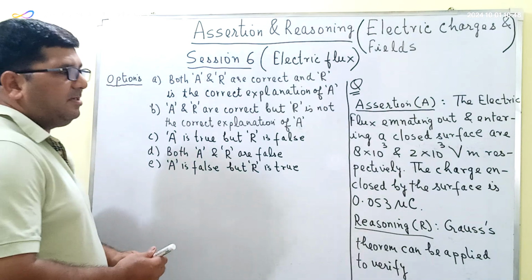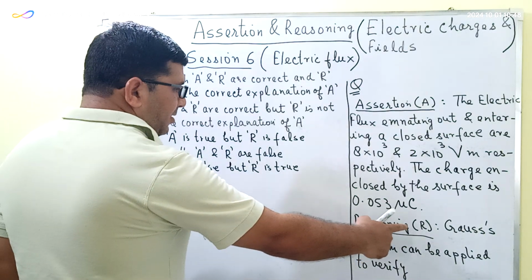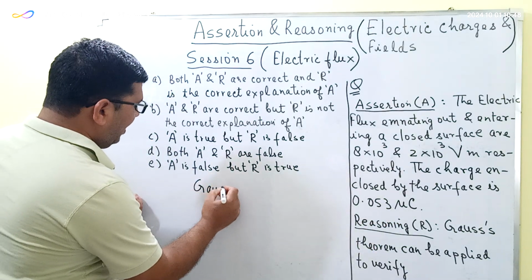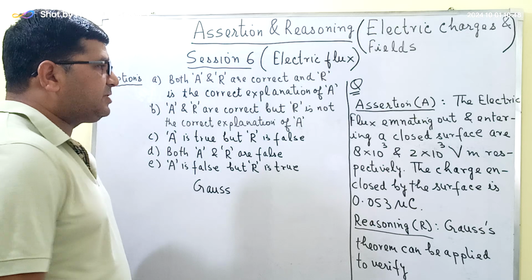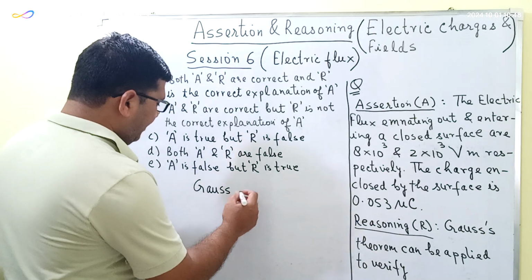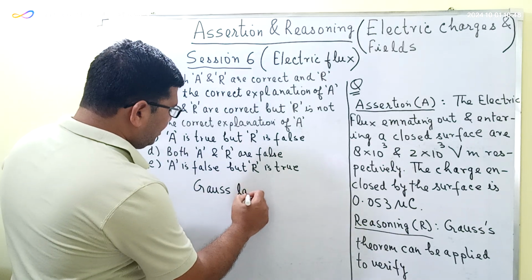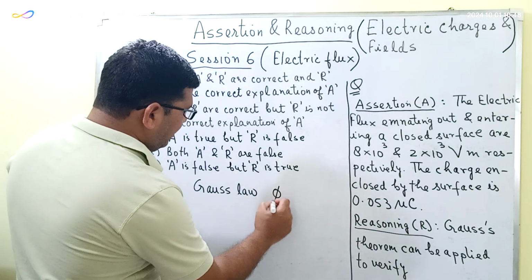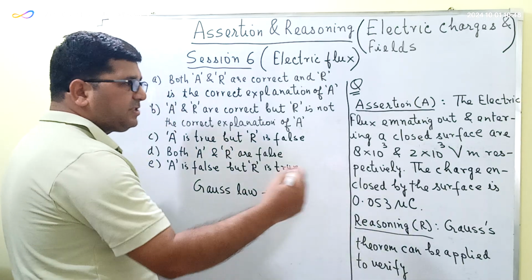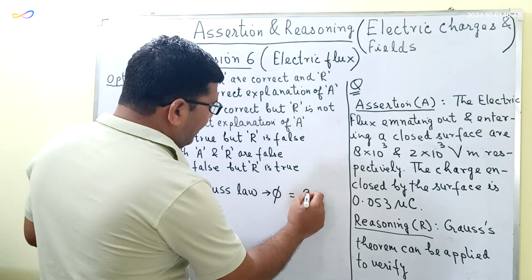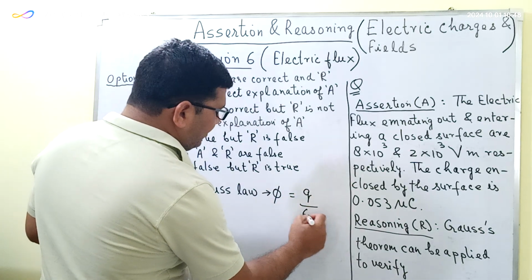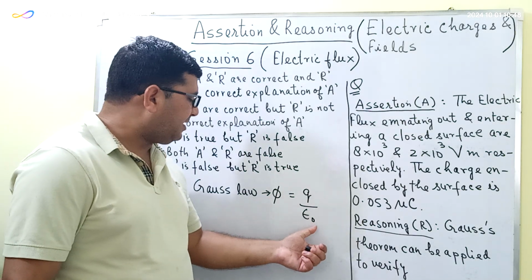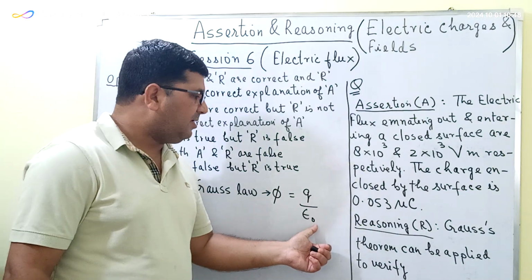So we know that the flux which is passing through a closed surface is given by the Gauss law or the Gauss theorem, which says that the flux which is passing through a closed surface is equal to Q divided by epsilon naught, where Q is the charge enclosed by that surface and epsilon naught is the permittivity of the free space.